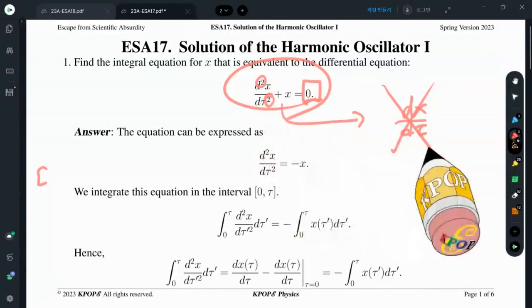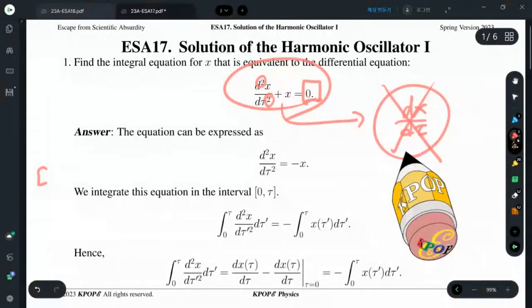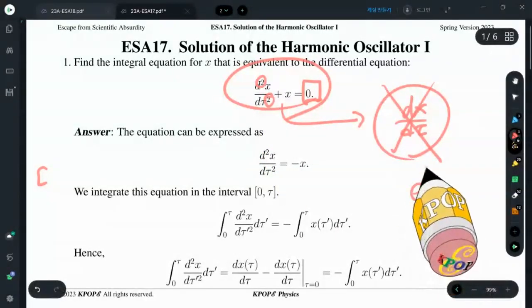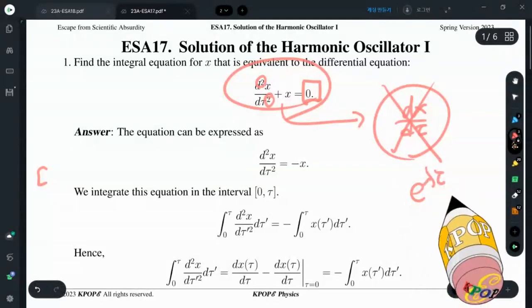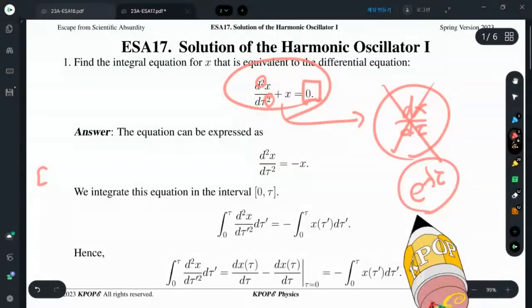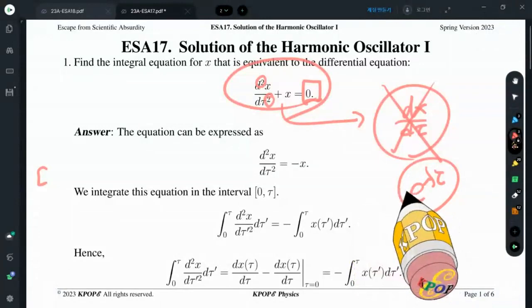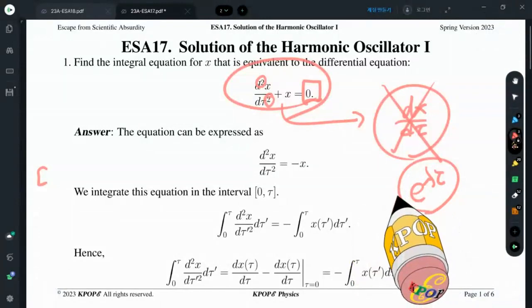That disappearance can be made by factoring out some exponential factor that is finally equivalent to completing the square of the quadratic expression.